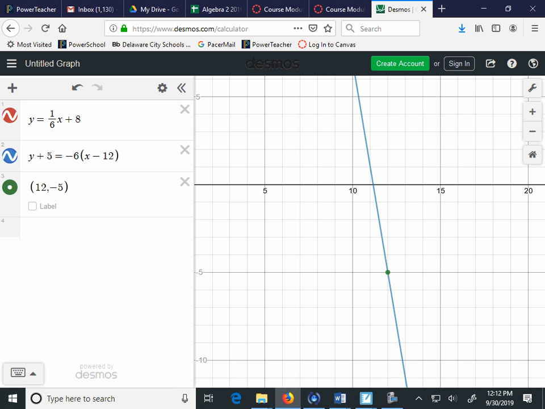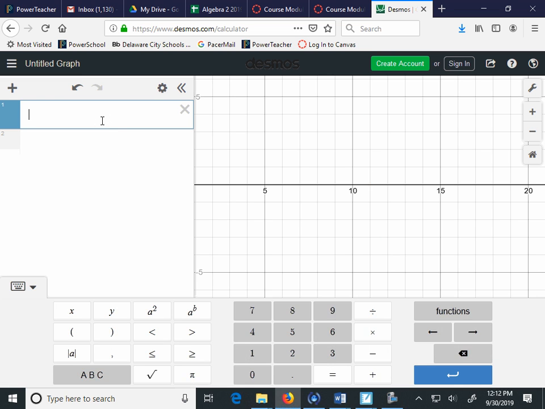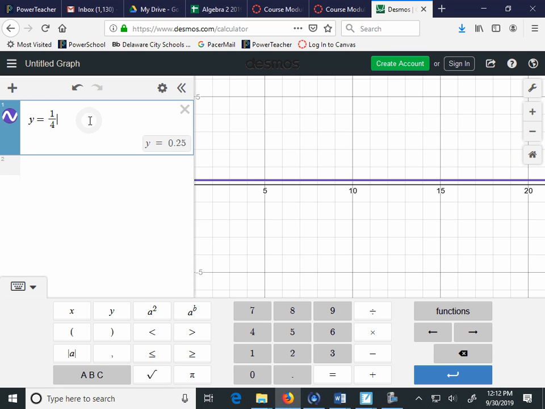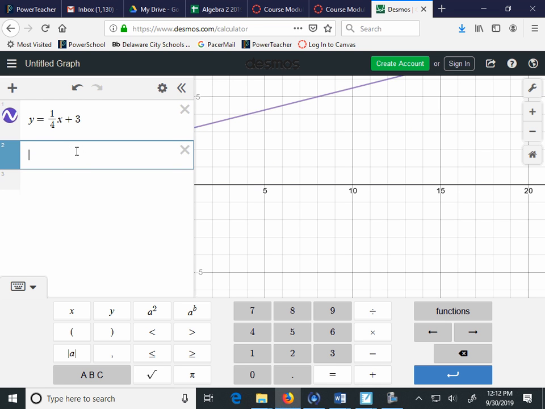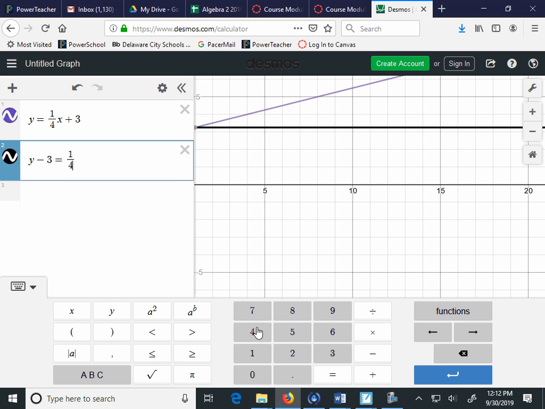Okay. If we check our answer with the first one, our original was y equals 1 divided by 4 x plus 3. There's our original equation, the purple line. If we plug in our new line, we said y minus 3 equals 1/4 x plus 8.